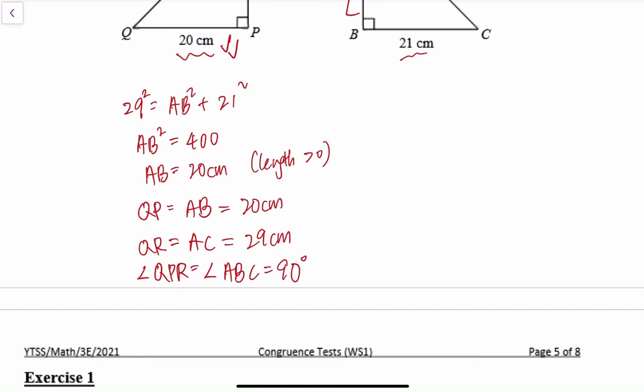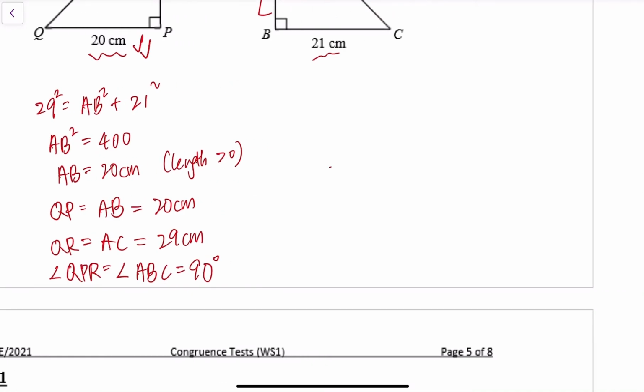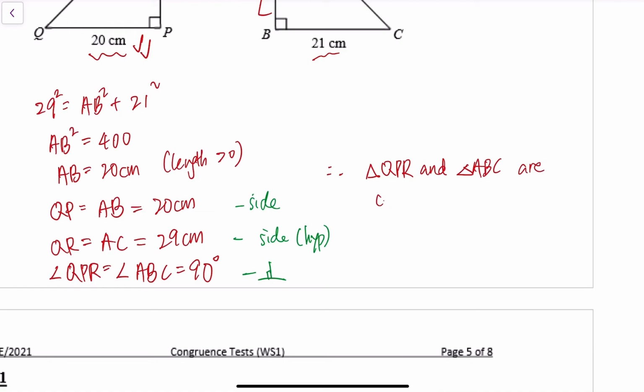They are 90 degrees as well. So here, do you see that I have a right angle, side, and side, but this side is unique because it's the hypotenuse. So therefore, by using this, I have proven that QPR and ABC are congruent.